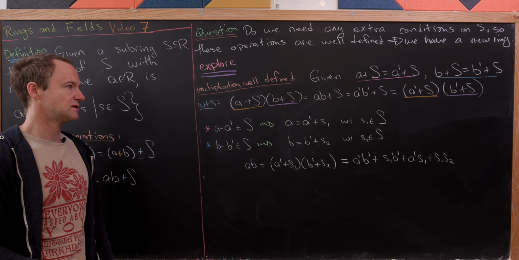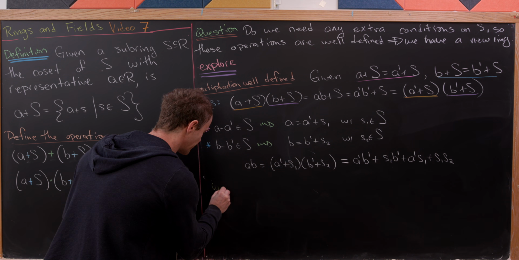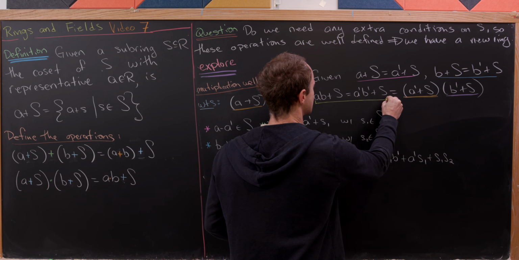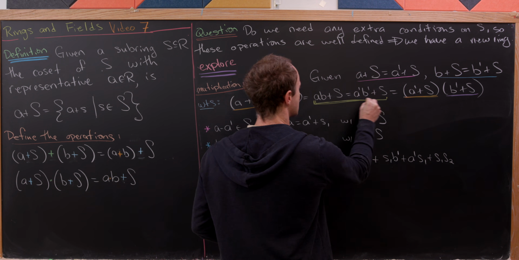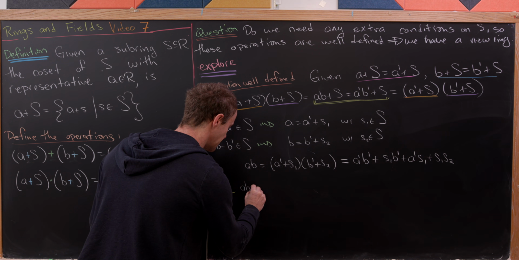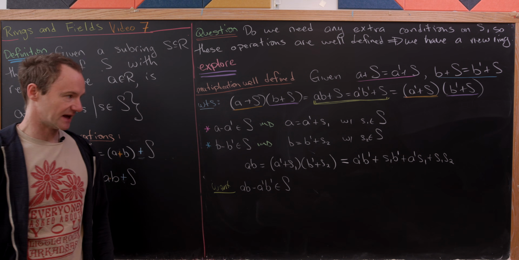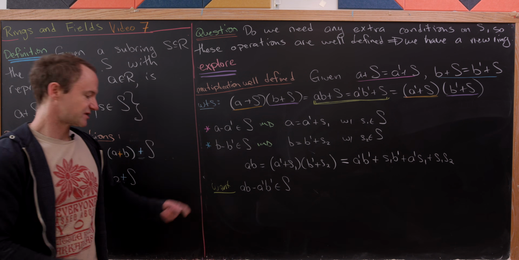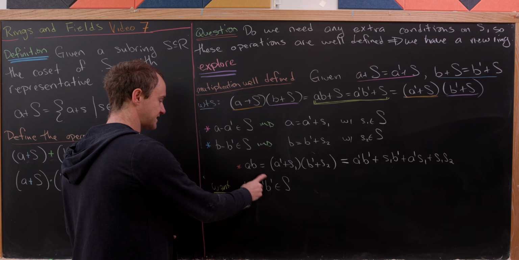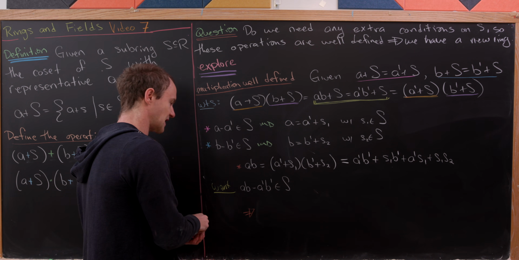Okay, nice. But now let's observe the following, and that is what we really want is going to be given by the condition that these two underlined cosets right here are the same. And that is we want A times B minus A prime times B prime to be an element of S. So let's solve this equation that's just above for this expression A times B minus A prime times B prime.